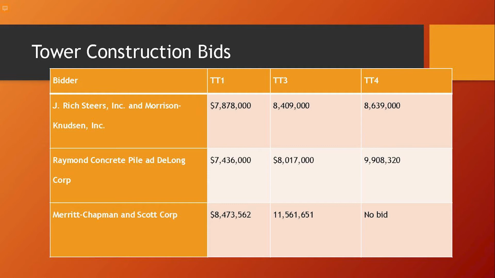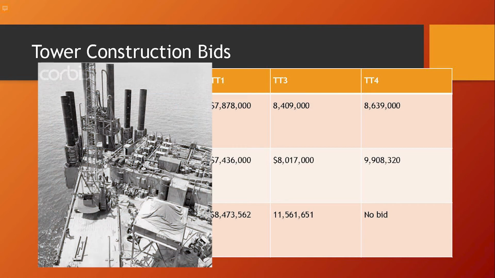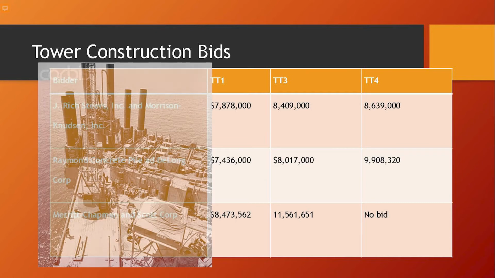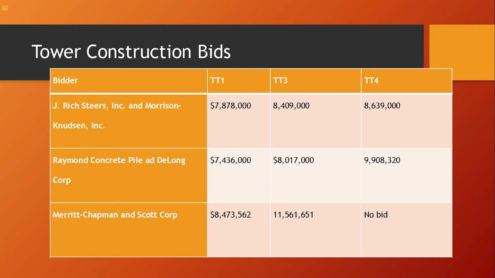The DeLong Corp specialized in the design and construction of marine platforms and similar structures. They evaluated all of the problems with installing these structures at sea and formulated fair estimates for all 3 towers. Their estimation for TT4 was $1 million more than TT1 or TT3.